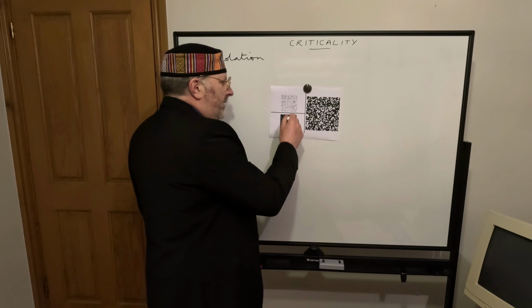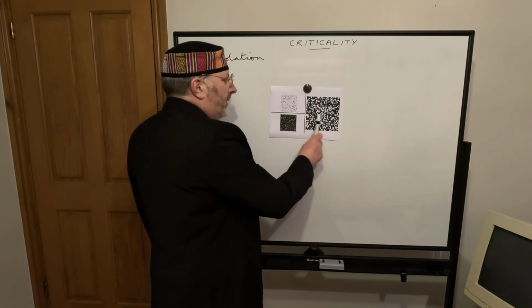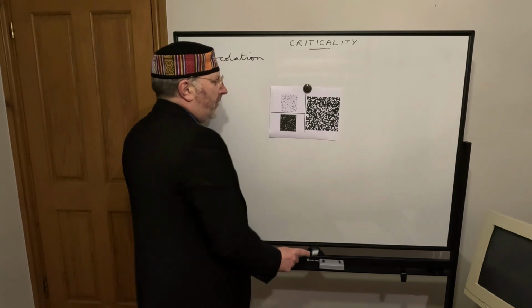But between these two possibilities, there's the third possibility of a critical state, where we choose the probability of colouring in so that we end up with a fractal structure. So we get kind of equal colouring in of black and white, and we get patches of black of many different scales.